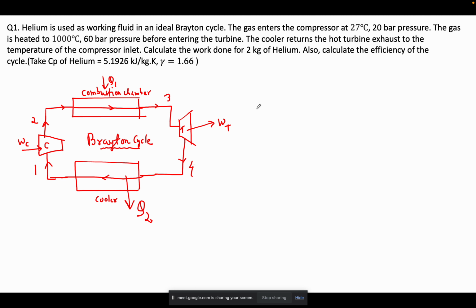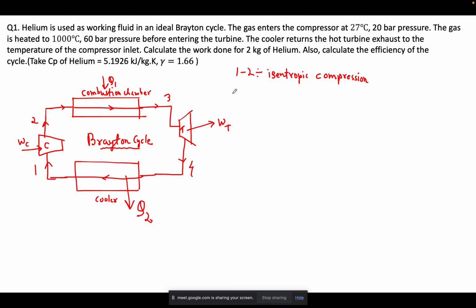So there are basically 4 processes, 1 to 2. This process is isentropic compression. Since it is isentropic compression, we already know that this is reversible adiabatic.